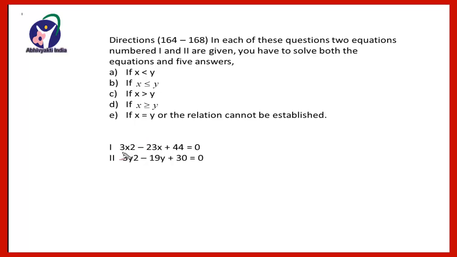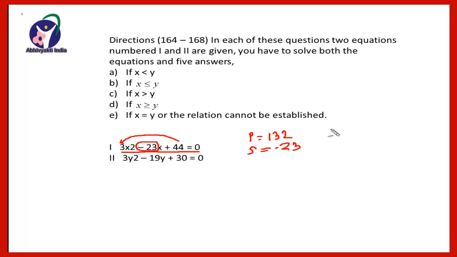Now the next equations are 3x square minus 23x plus 44 is equal to 0. Here what we do, we multiply these two. So the product we want is 132 and the sum that we want is minus 23.